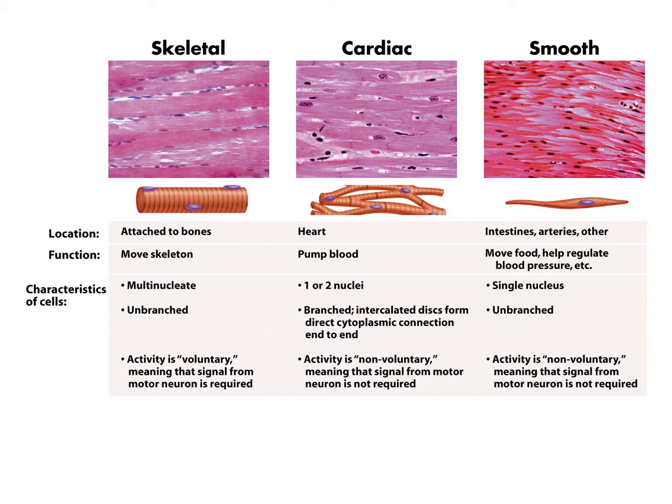Some of the characteristic features of the three types of tissue are shown here. Skeletal muscle is, of course, attached to bones and involved in movement of the skeleton. There aren't any skeletal muscle cells after birth. During embryonic development, skeletal muscle cells fuse into multinucleated skeletal muscle fibers.